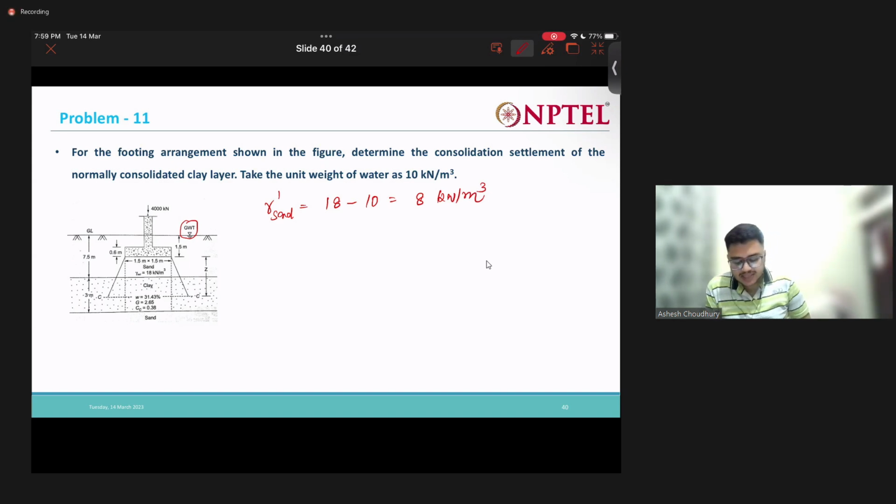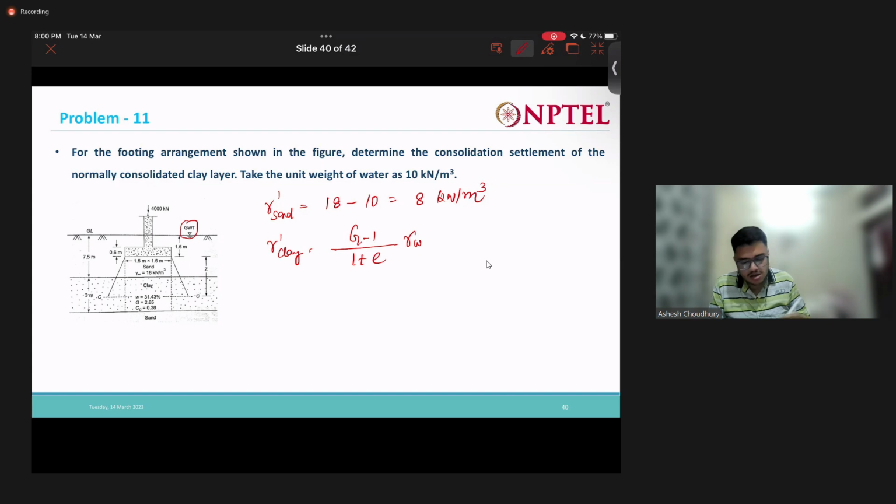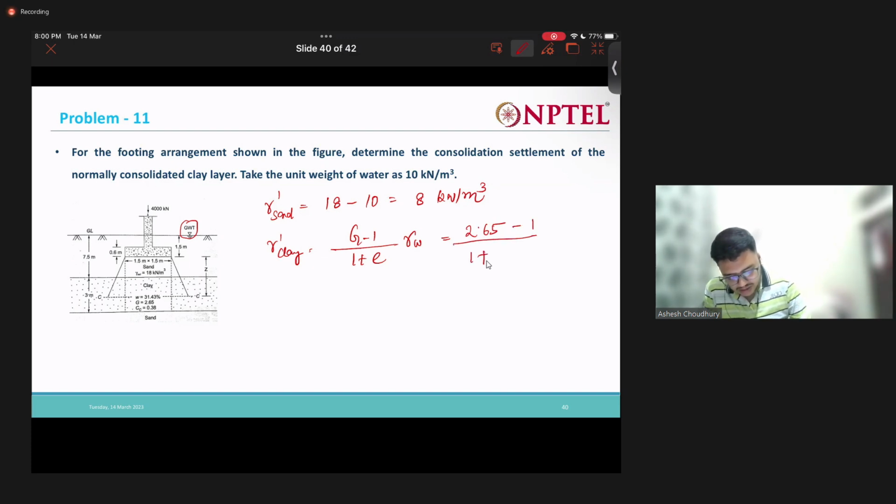Next, we need to find out the submerged unit weight of the clay. So how to find it out? Using this. What is my G? G is given as 2.65, minus 1, by 1 plus E. What is E?